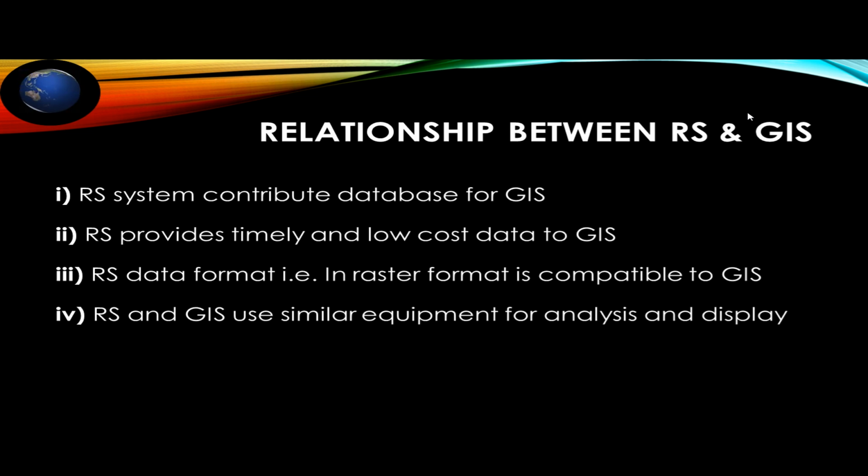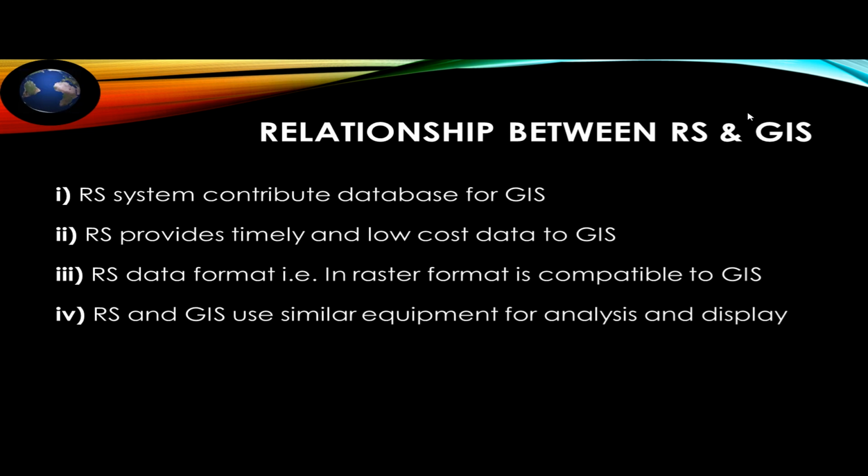Sometimes we are not in need of detailed information, but if you want, there are some satellites which will help you get detailed information regarding a particular earth feature also. But for large data sets at low cost, you are able to get them through remote sensing products.